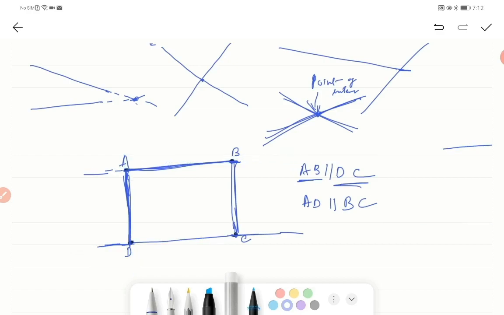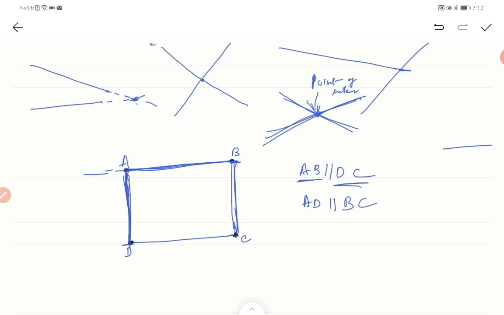Now tell me, the lines AD and AB, I will take in green color: are these two lines parallel? No, because they are meeting at one point, that is at point A. So when the AB line and AD line are extended, they are meeting at a certain point.